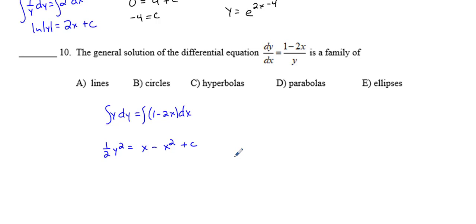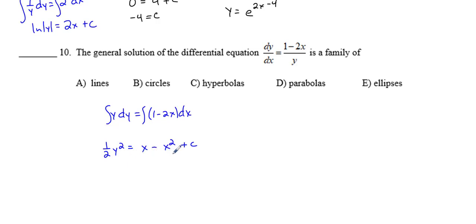Okay, I think we can get to here pretty easily, right? Separate your variables, multiply by y, multiply by dx. Here we go. Integrate both sides. And this is what we got.